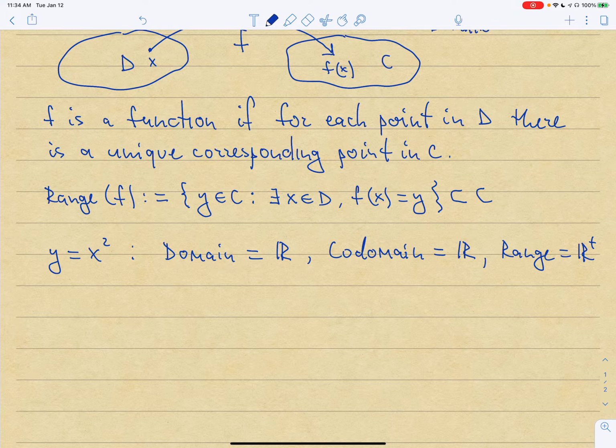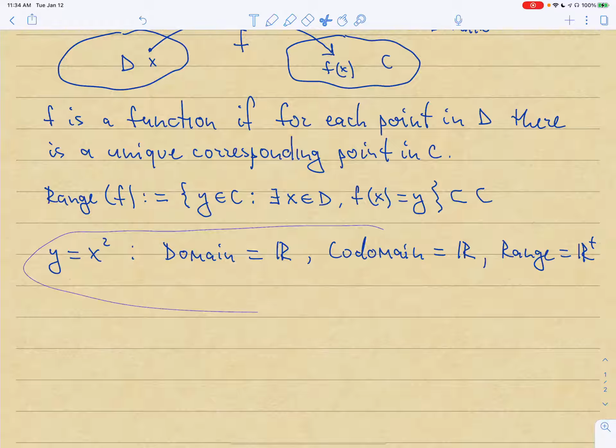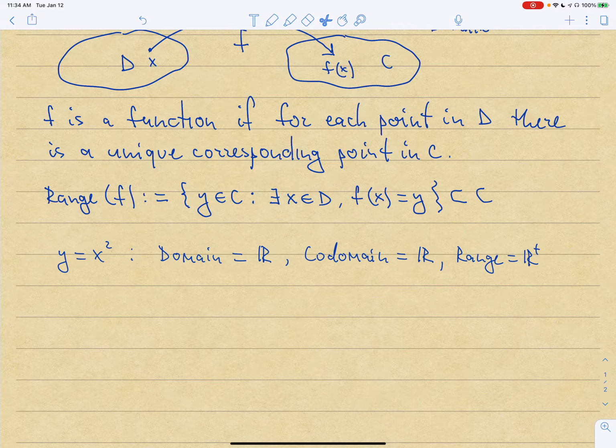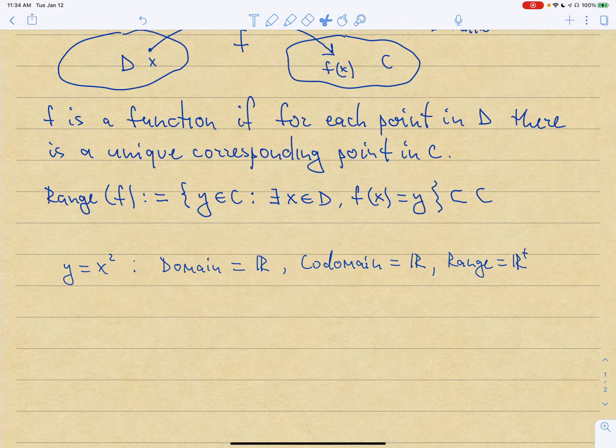So let's define what R plus is. R plus, I'm going to use it in the future as well, is the set of all x that are greater or equal than 0.